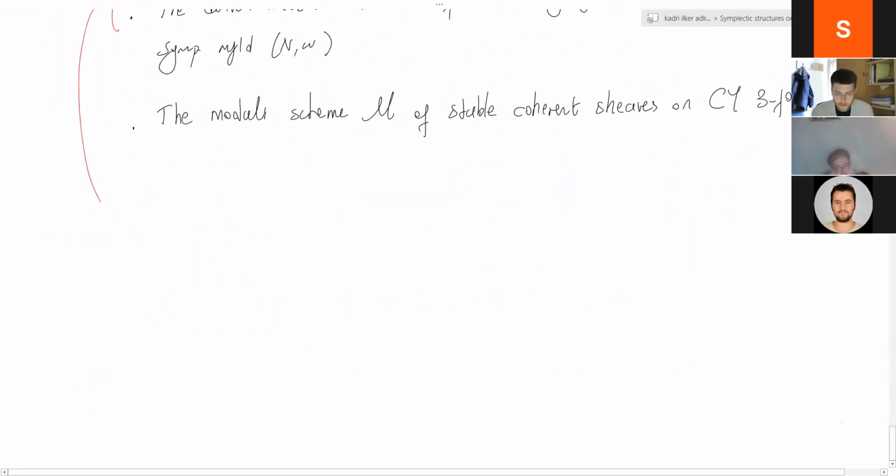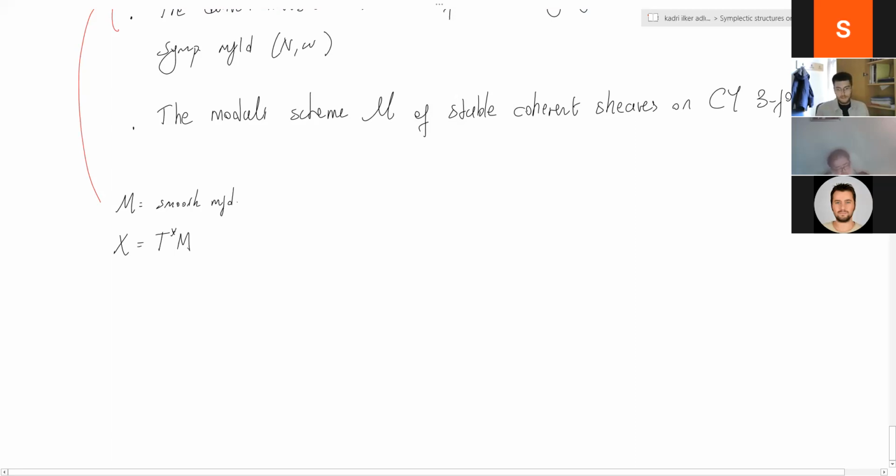So actually, if you have a smooth manifold, let's say M, and let us consider its cotangent bundle.